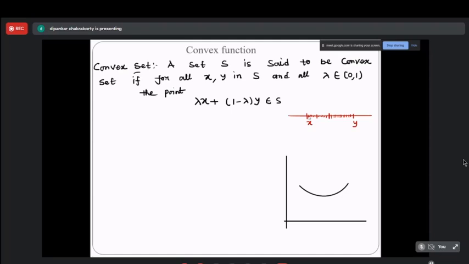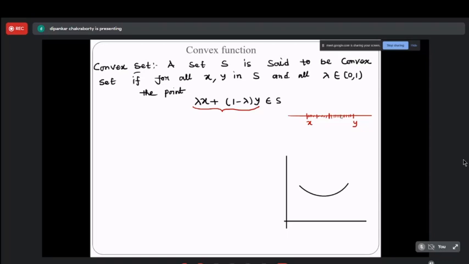Yes, sir. That means if we consider each and every point in this interval, ultimately lambda x plus 1 minus lambda y represents in general the line segment joining these two points x and y. Right?